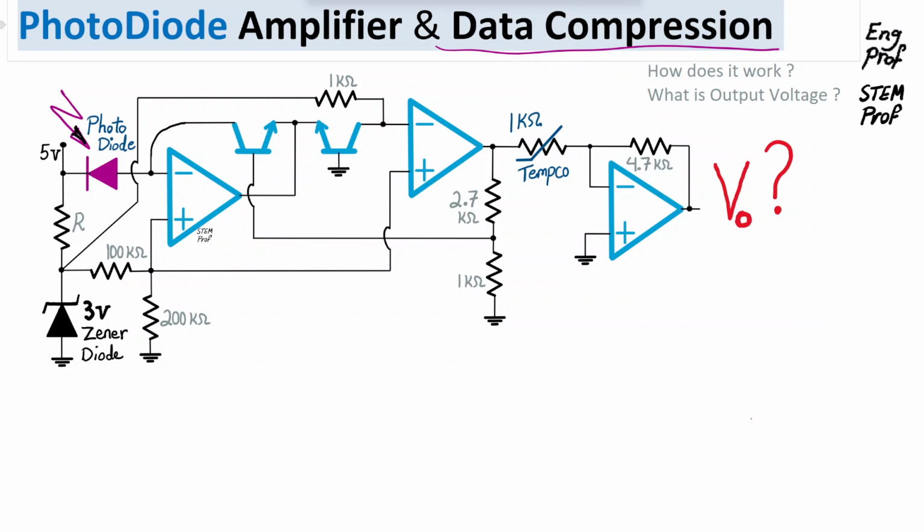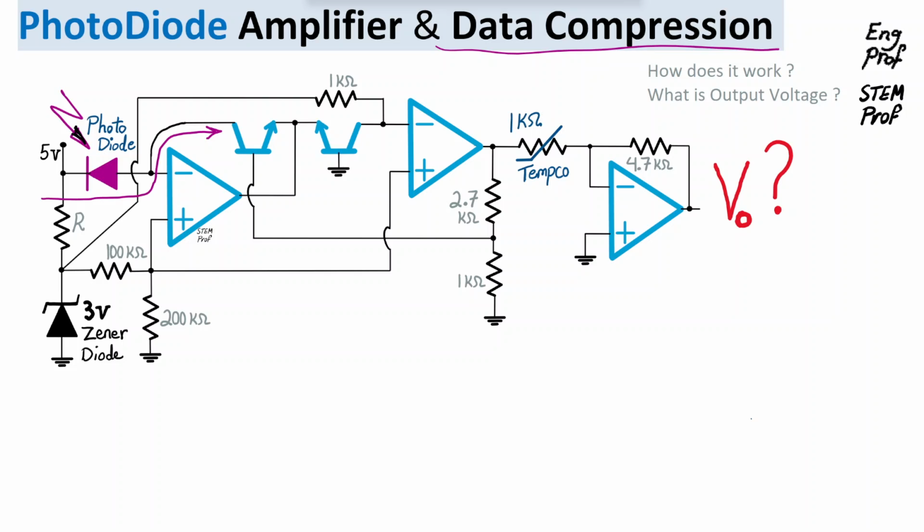Okay, so let's see. The optical signal comes in and is converted by the avalanche photodiode into a reverse bias current. So reverse current is passing through this photodiode, and the only route it can go is this route.